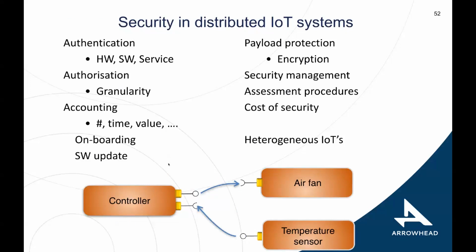We also need to know, have we the right hardware onboarded to our implementation? How do we handle software? How do we protect the payload? And how do we manage all this security? How do we assess that the implementation is actually in line with certain standards that we like to adhere to, and so on.